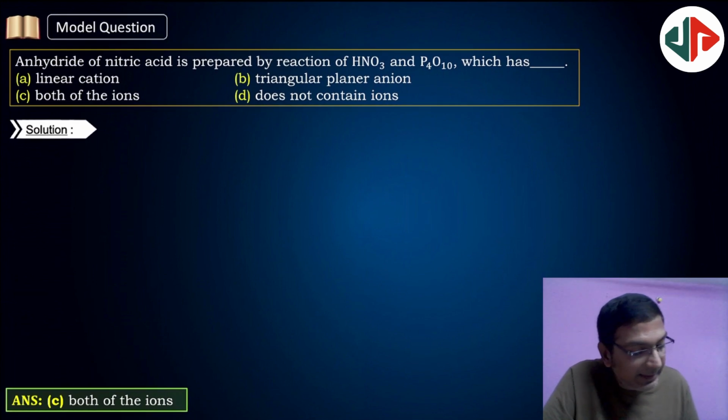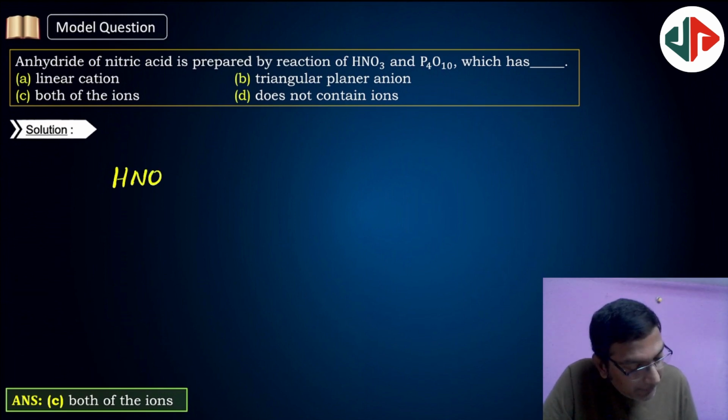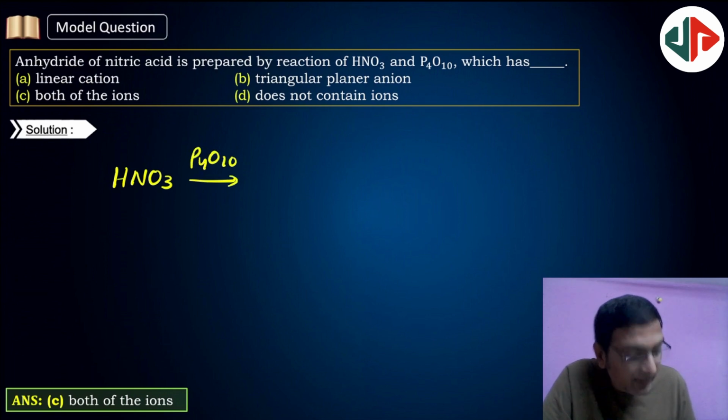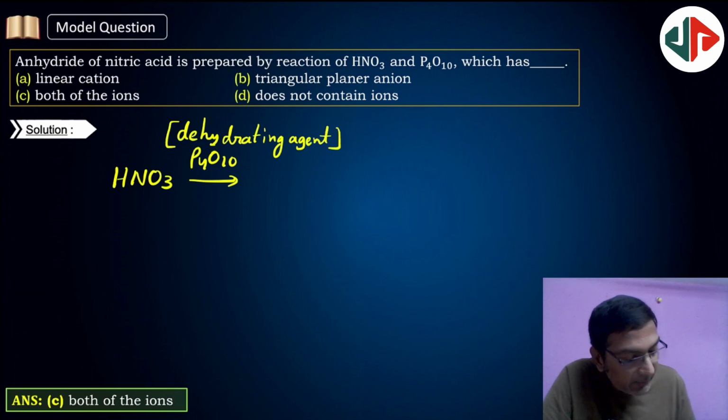So the anhydride of nitric acid is prepared by reaction of HNO3 and P4O10. So HNO3 reacts with P4O10, phosphorus pentoxide, which is dehydrating agent. So loss of water molecule.